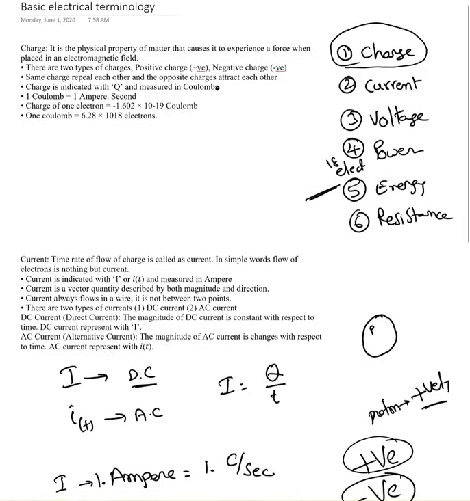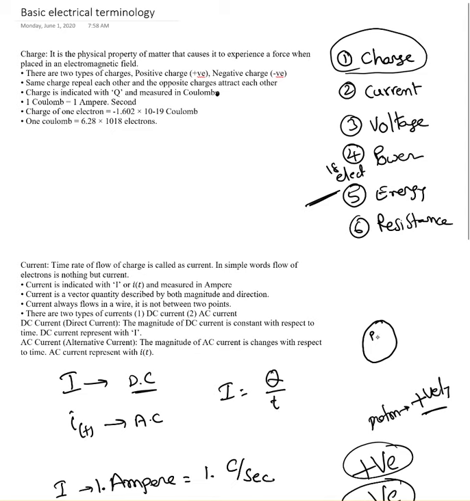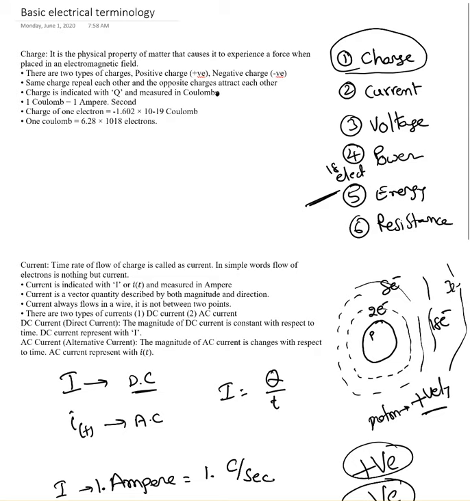Any nucleus has protons and neutrons inside it, and electrons are revolving around the nucleus in orbits. This is the first orbit. It can hold 2 electrons. The next orbit can hold 8 electrons, the third one 18 electrons, and the fourth one can hold up to 32 electrons.